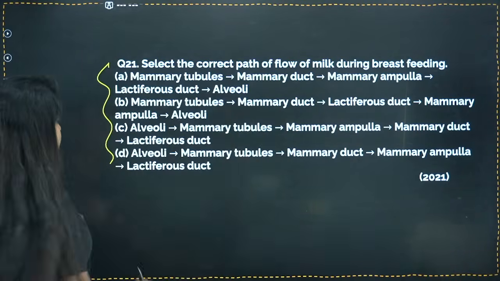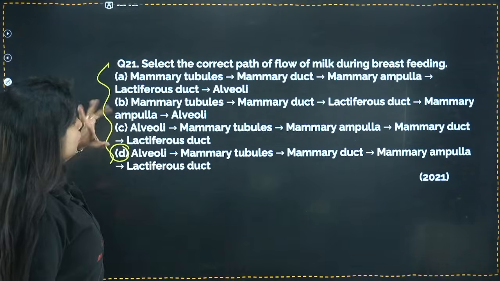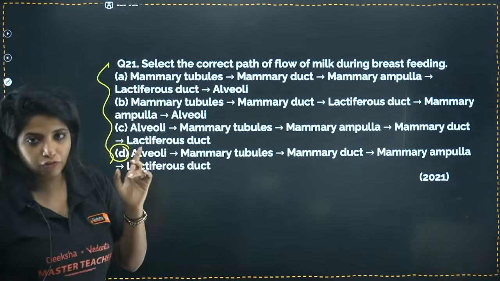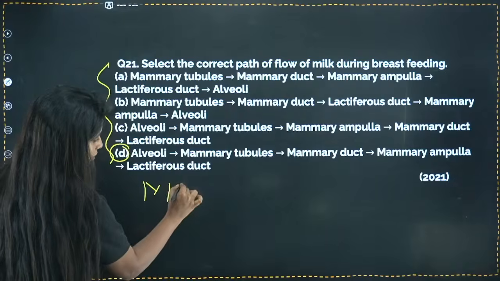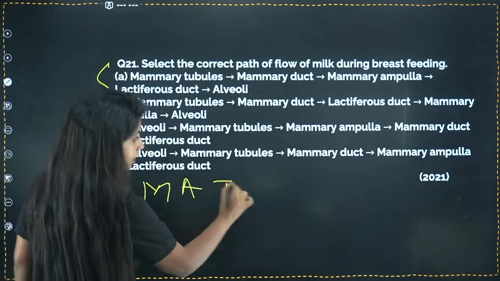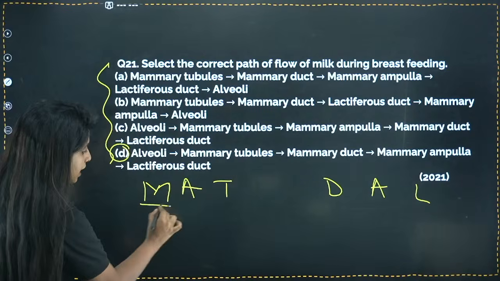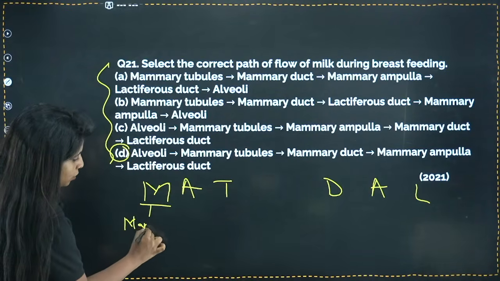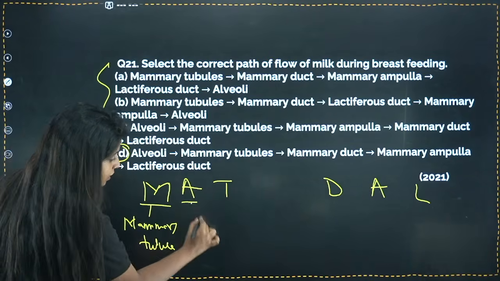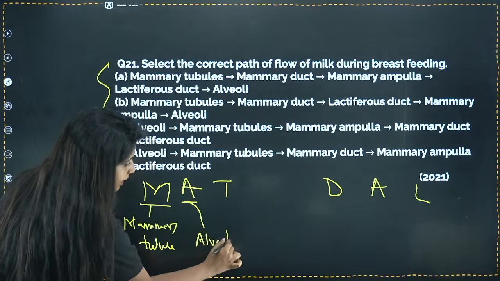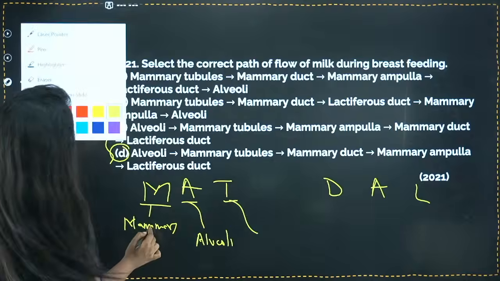Okay. So listen to me. Since you're saying it is D, I have to check. Let me check. How will I check? I'll check with the help of a formula, that is MAT and DAL. What does MAT stand for?